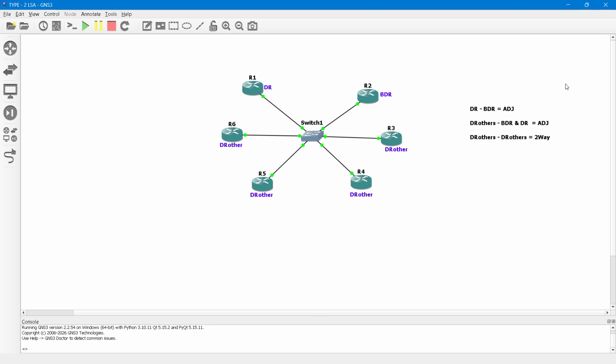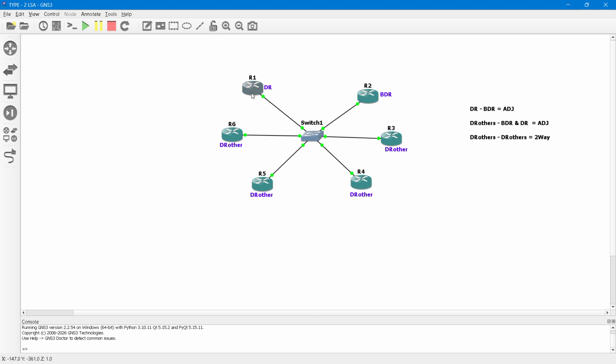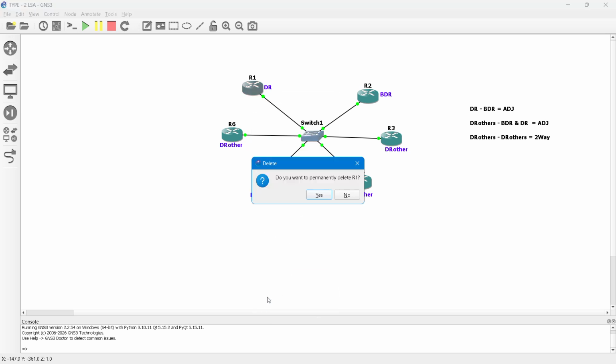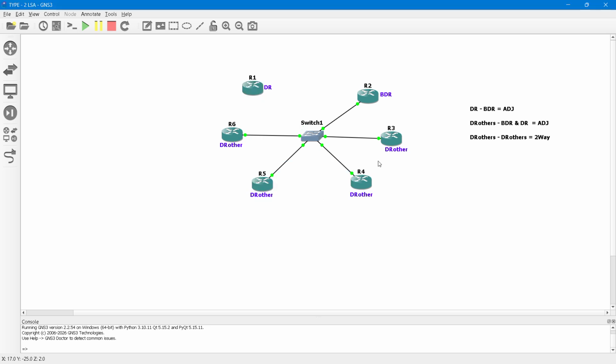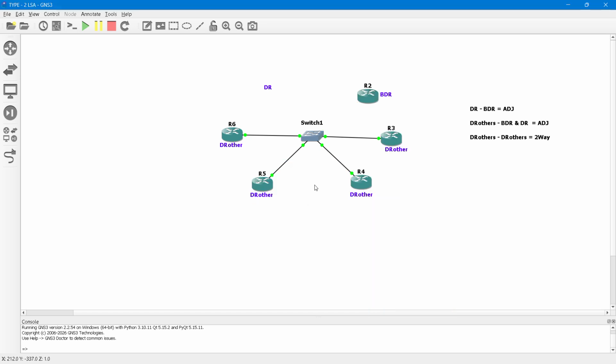Now, to understand it in a good manner, let me delete the designated router and backup designated router, and also this BDR. Let me hide it somewhere. Okay.